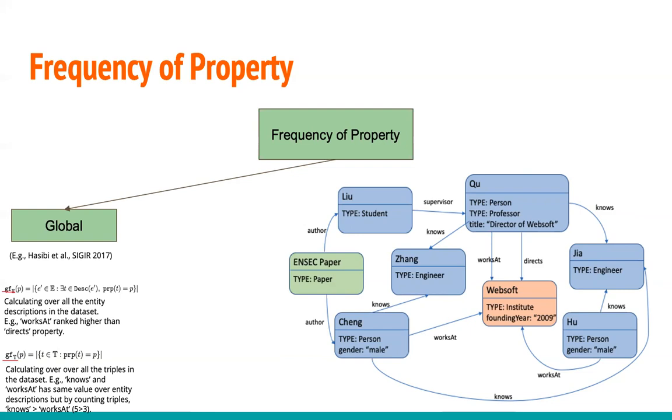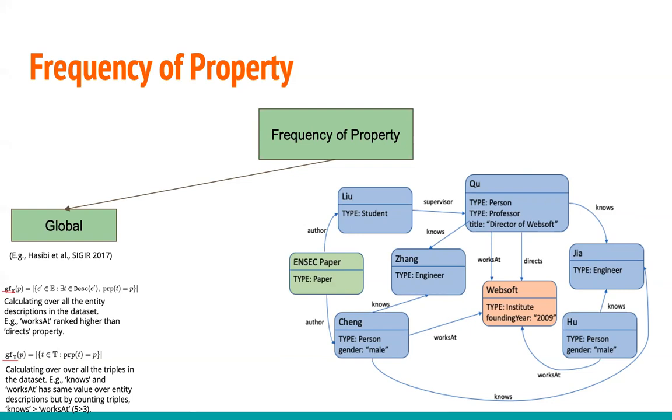And then if you are going to count at the triple level, if you take the example knows and works at, for knows we get the count as 5, and works at count as 3, because of how many triples actually appear with this property.